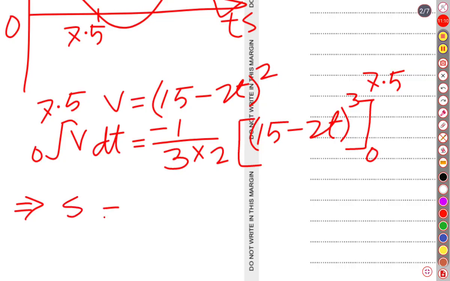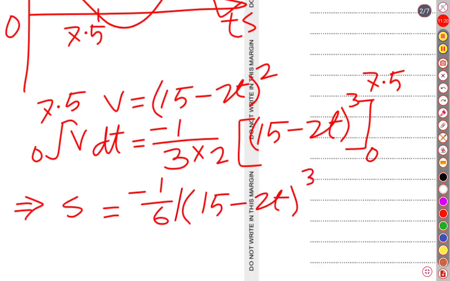S is equal to negative 1 over 6, then (15 minus 2t) raised to 3, and the limit is from 0 until 7.5. Then let's see whether it will show a positive value or not.